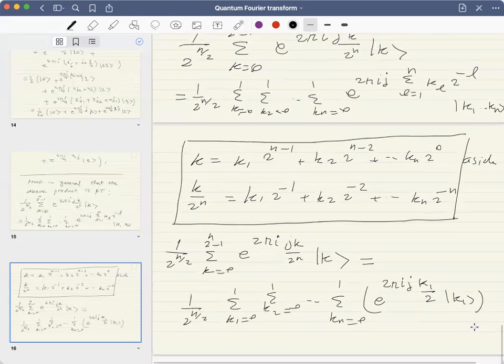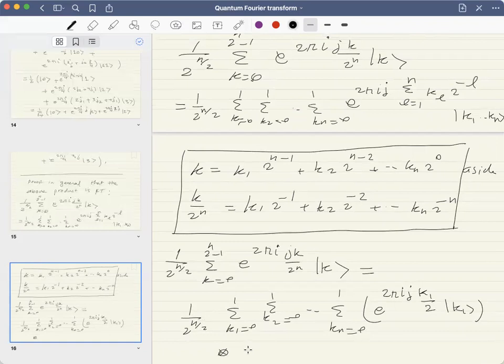So now that gets tensored with e to the 2 pi i j k2 over 4, which is 2 to the 2, k2.